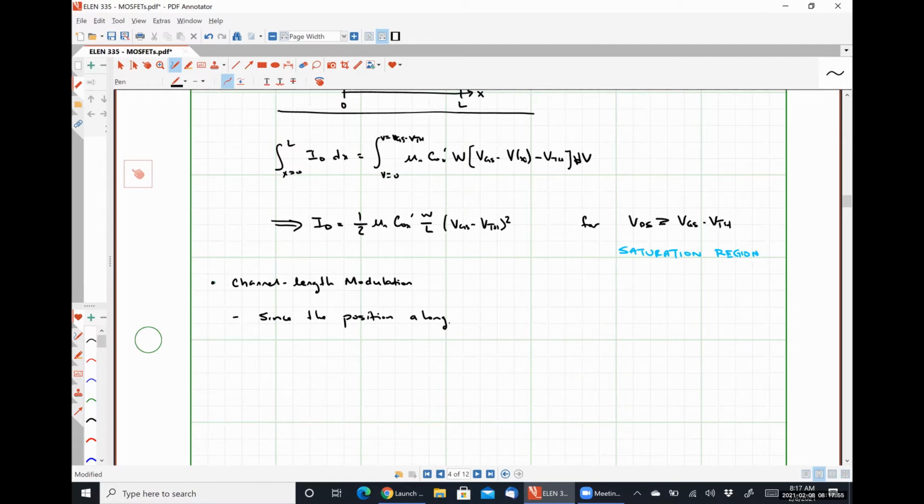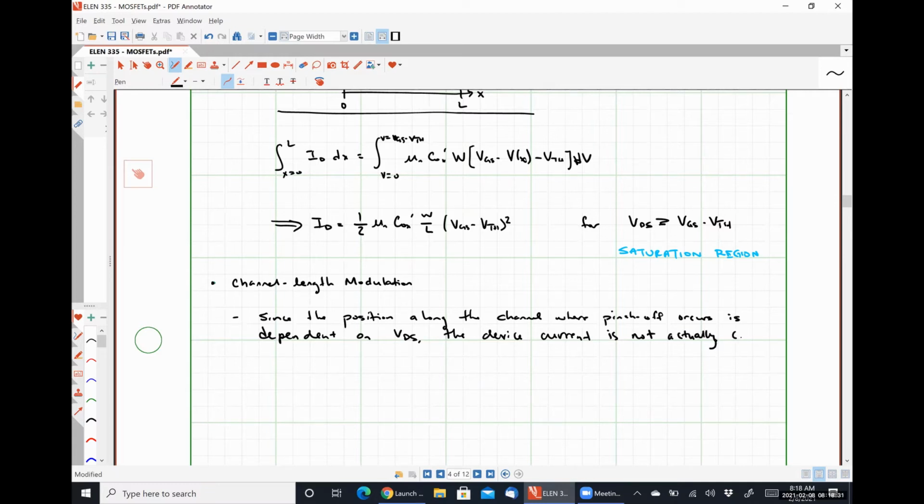Since the position along the channel where pinch off occurs is dependent on VDS, device current is not actually constant in saturation region operation.